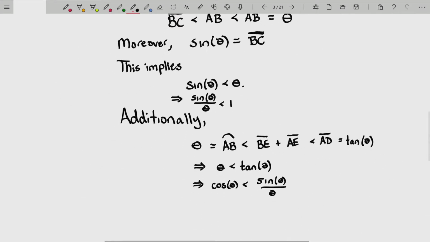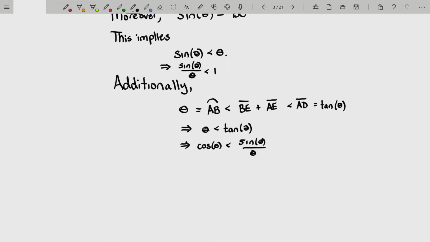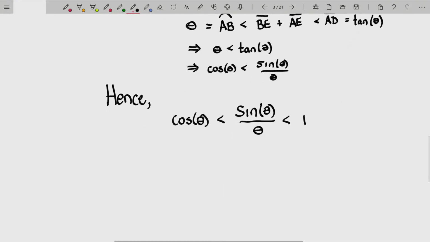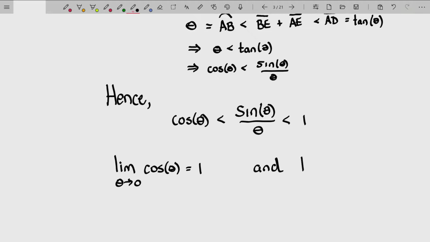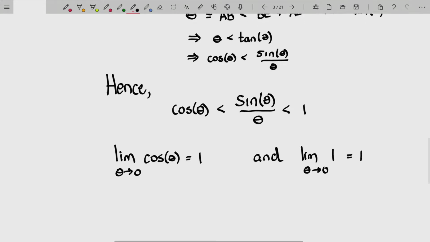And now we have this beautiful triple-sided inequality. And you better believe it, we're going to use the squeeze theorem. The limit as theta goes to 0 of the cosine of theta, we know that's going to be 1. And the limit as theta tends to 0 of 1 is equal to 1.